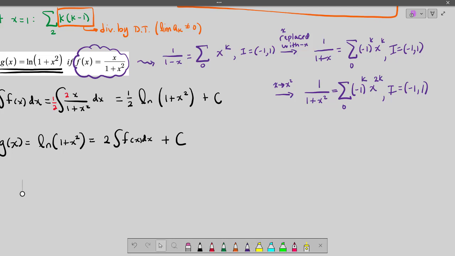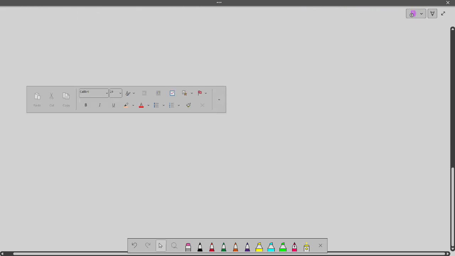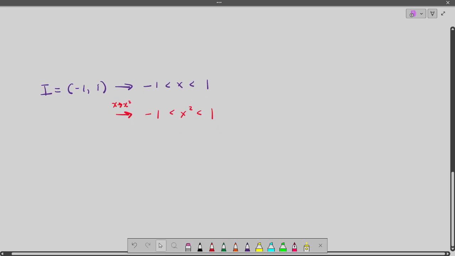let's come down here to the bottom and just remind you that if our IOC was -1 to 1, in other words, x had to be trapped in between -1 and 1, if we replace x with x squared, so we took all the x's and replaced them with x squareds, we'd have that. And we talked about this last class. There's a clever way to do this algebraically.